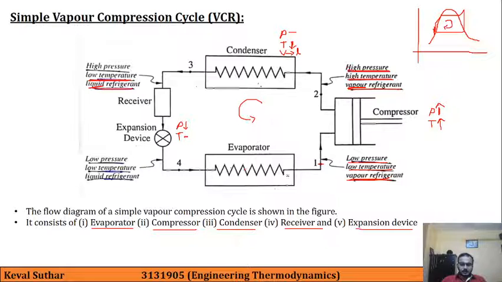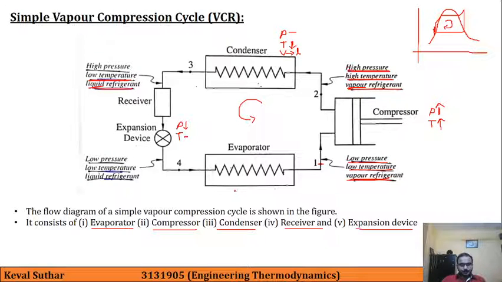Then the evaporator. In the evaporator, there will be vaporization of this liquid refrigerant. Here only a phase change process will happen. That is, latent heat will be used here for evaporation.